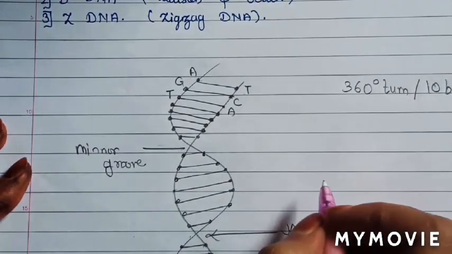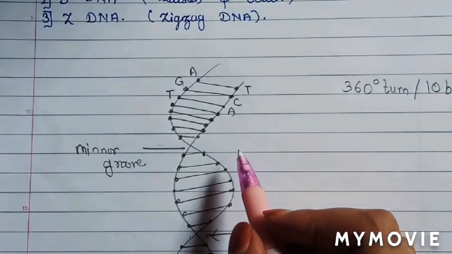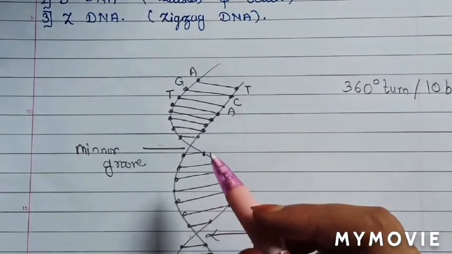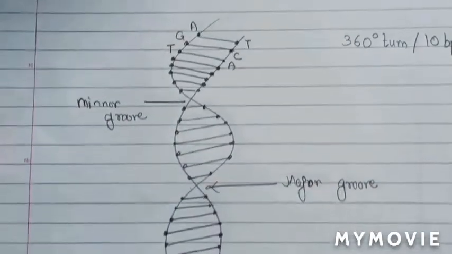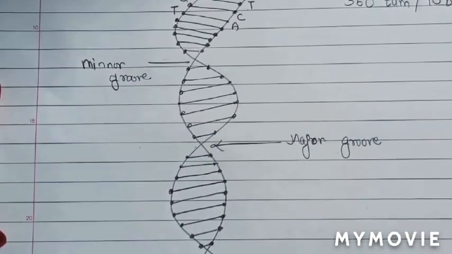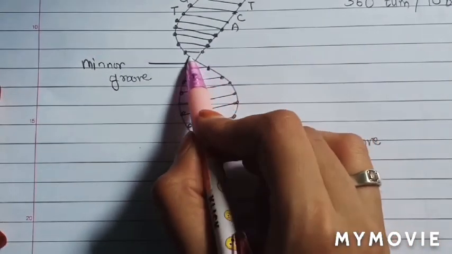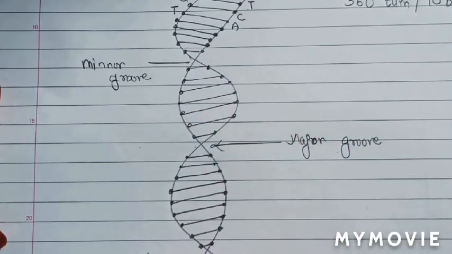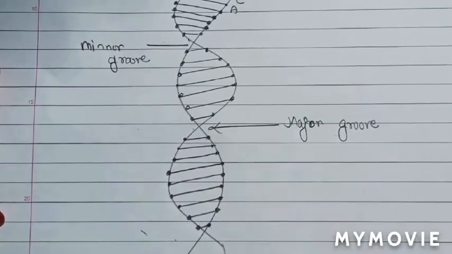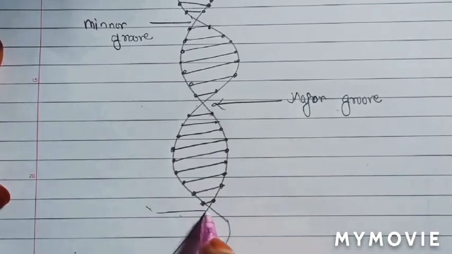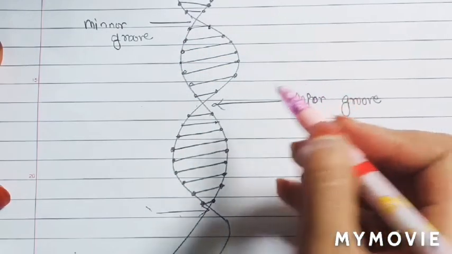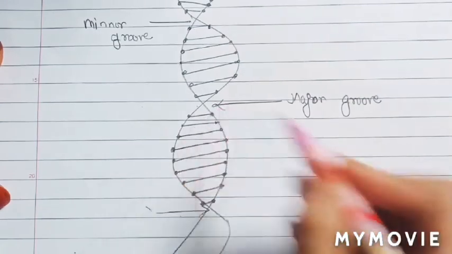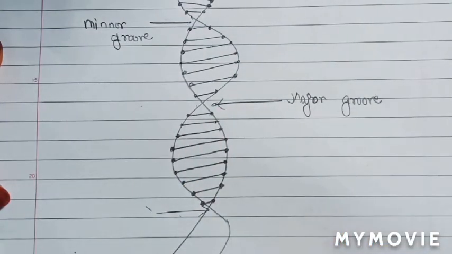Now if we are talking about two successive major grooves and two successive minor grooves, here you can see one minor groove, and this is another minor groove, and here another minor groove. These are two successive minor grooves. Or if you are talking about the major groove, then this major groove and another major groove.